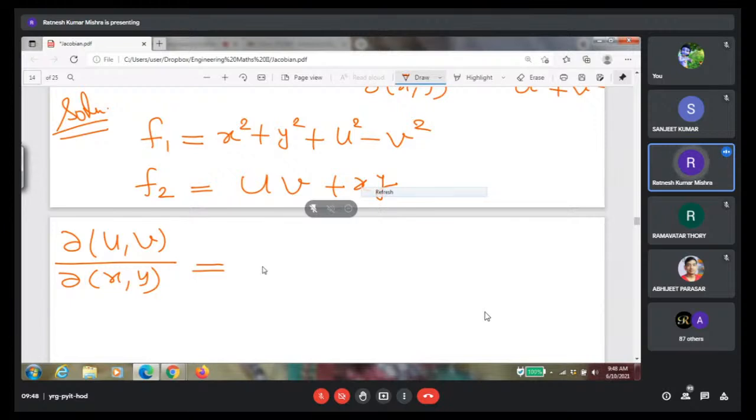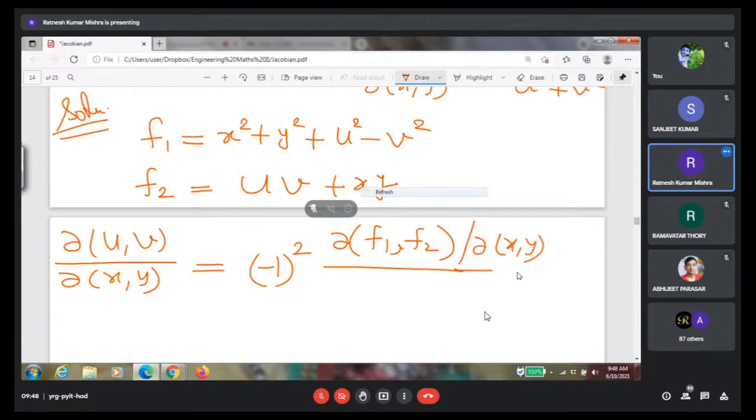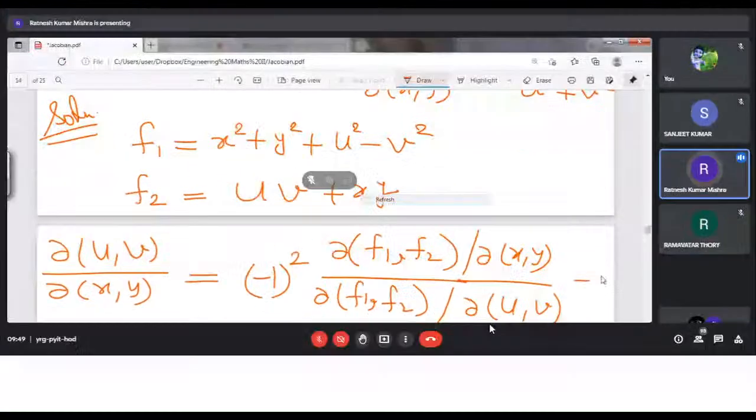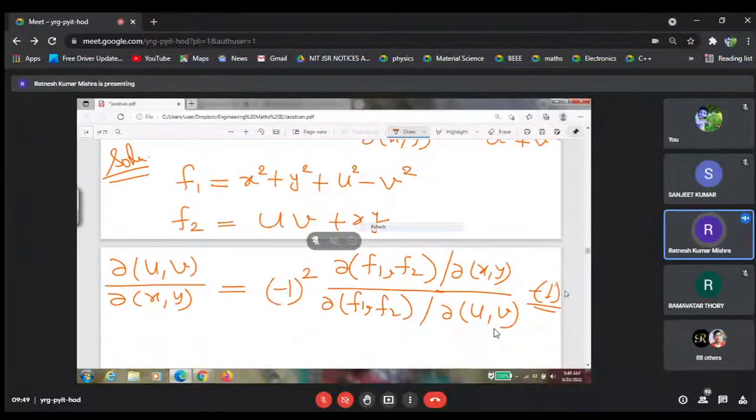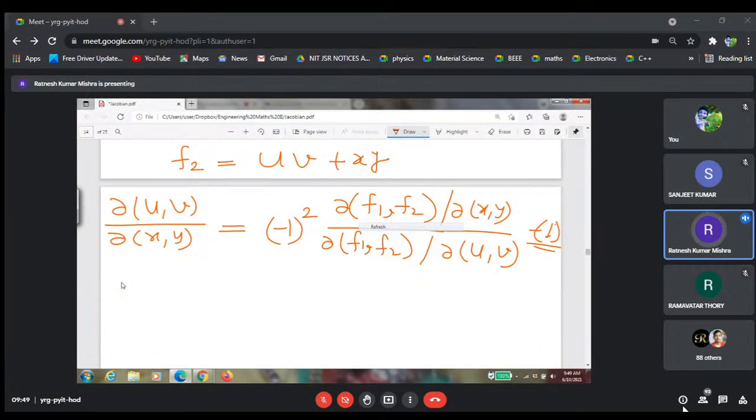So now write the formula. The Jacobian of u, v with respect to x, y is (-1) squared, Jacobian of f1, f2 with respect to x, y, divided by the Jacobian of f1, f2 with respect to u, v. This is formula number 1. So now you can find the numerator and denominator separately.